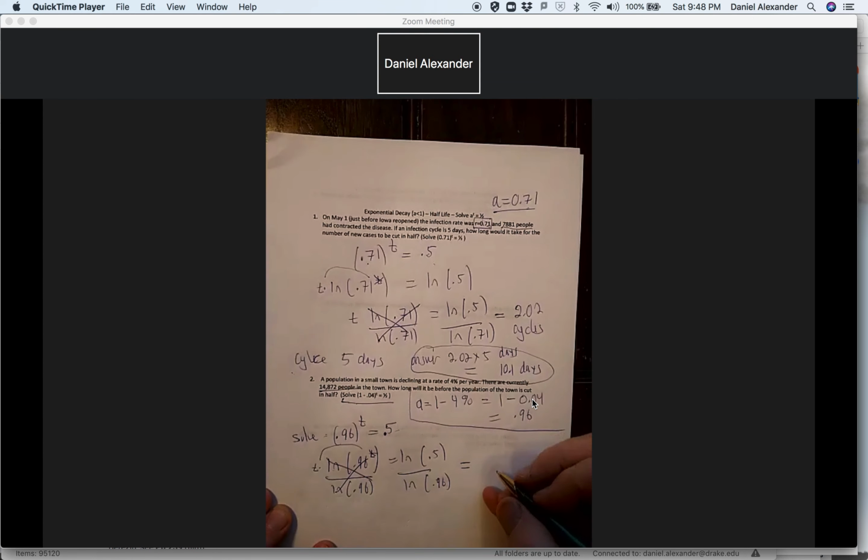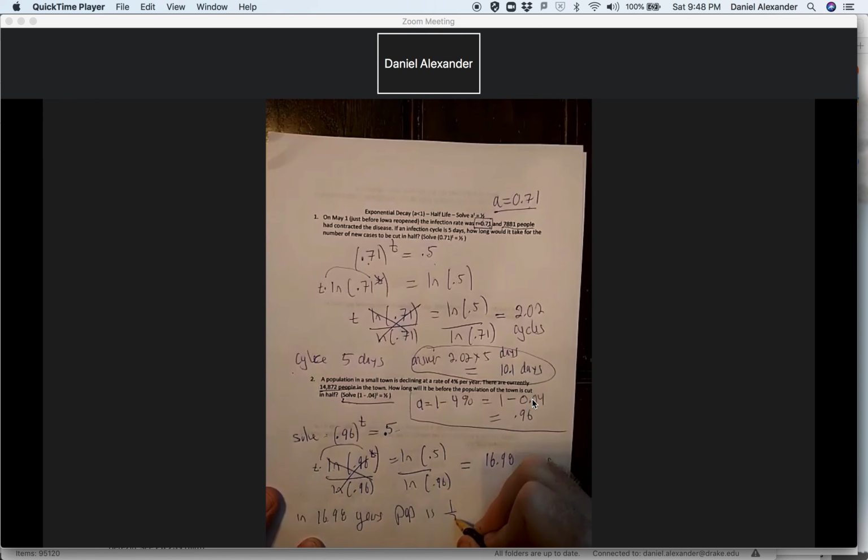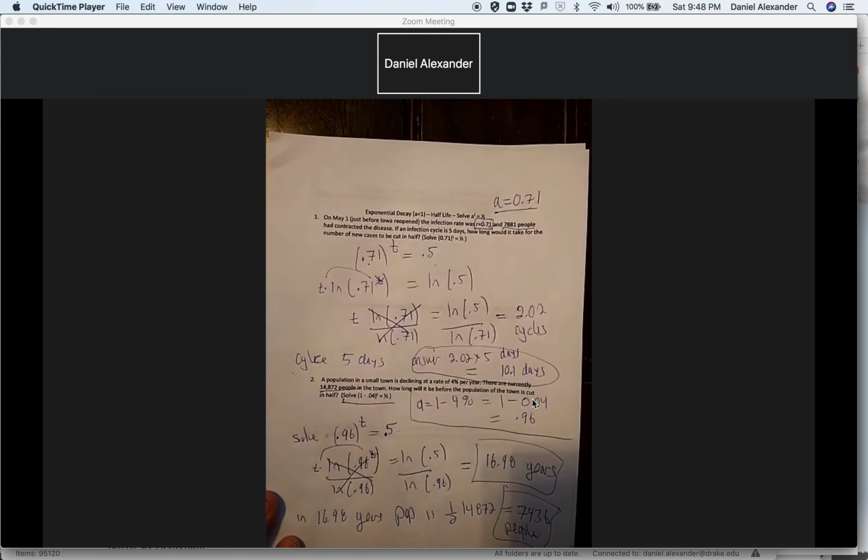And the answer that I got was 16.98 years, really 16.980 when I rounded to 3 places. And so that means in 16.9 years, the population is 1/2 of 14,872, and that's going to be equal to 7,436 people. So that's how many years it takes.